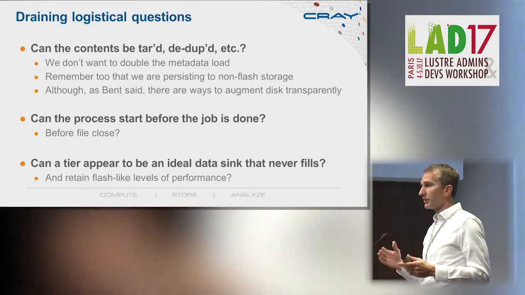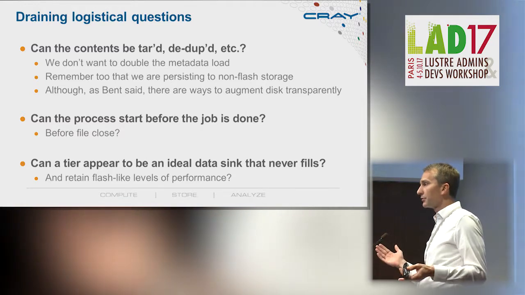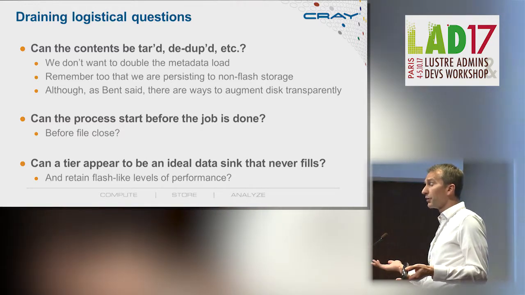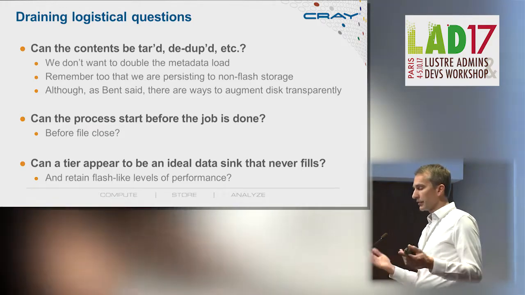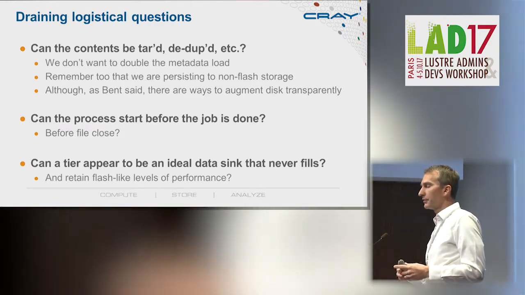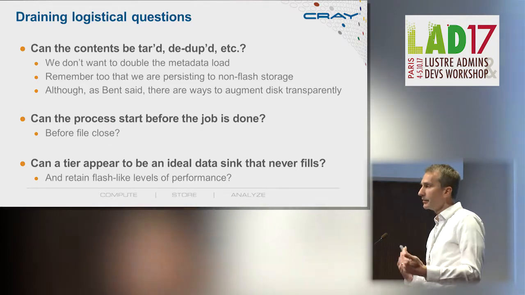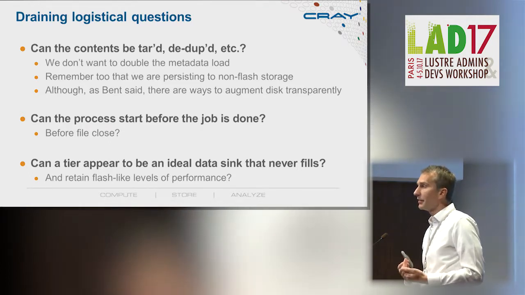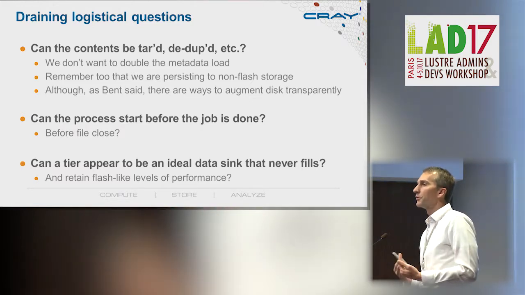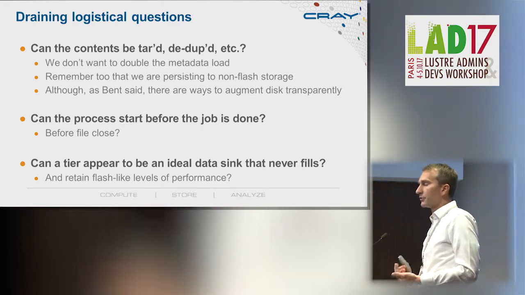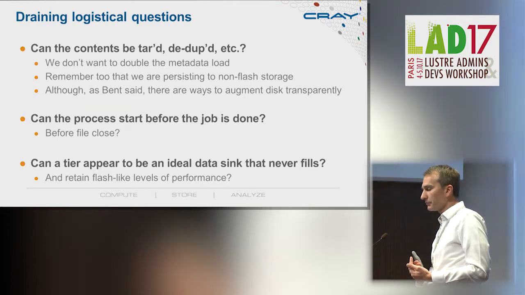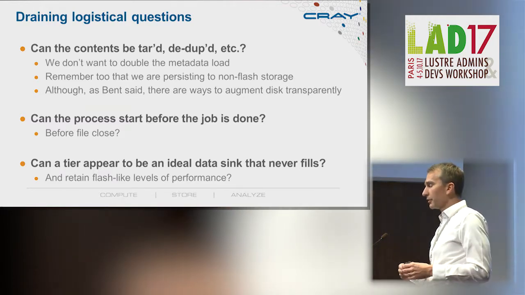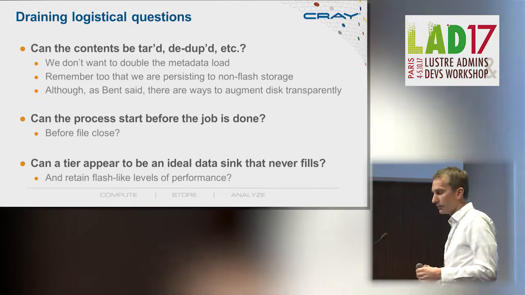But in the meantime, we might be in danger of filling this pool up. We need to be able to decide when is the right time to start moving that data, and ideally it would be while the job is still running. In fact, ideally it would be while I/O is still occurring to that file. So can we do it before the close? I'll talk about that a little bit later. I think we can.